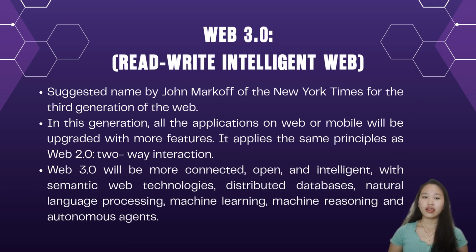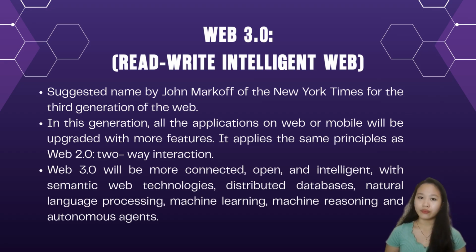The next one says that in this generation, applications on both web and mobile will be upgraded with more advanced features. It still applies the same principles as Web 2, that is, two-way interaction between users and systems, but now with an intelligent twist.